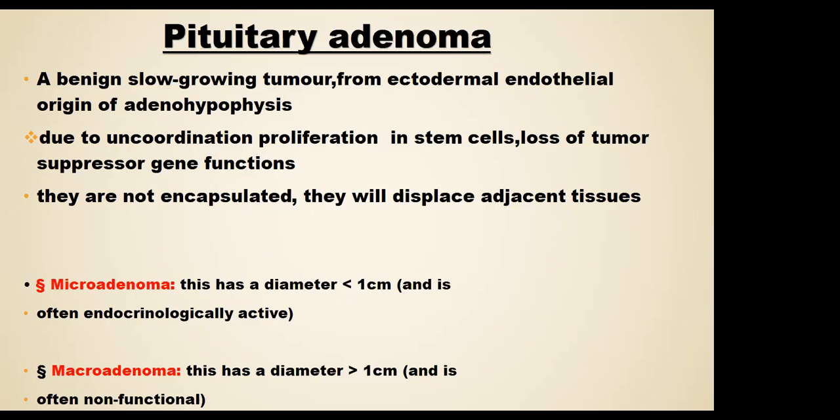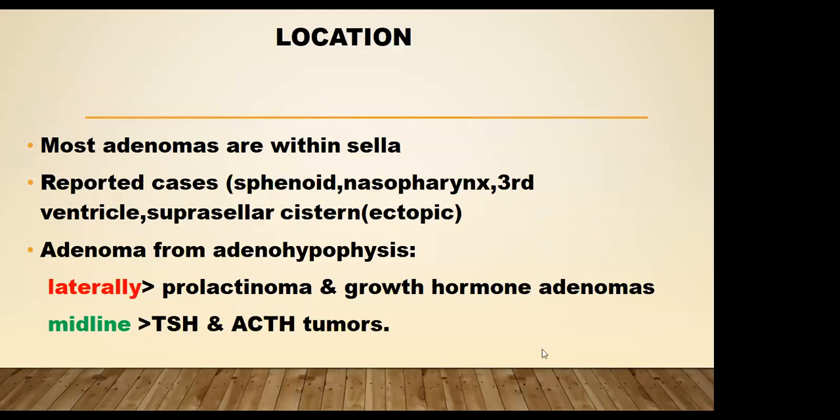Most adenomas are within the sella, with reported cases showing sphenoid, nasopharynx, third ventricle, suprasellar cistern, and ectopic pituitary adenoma. Adenomas from the adenohypophysis, like prolactinoma and growth hormone adenoma, lie laterally, while TSH and ACTH tumors are in the midline.